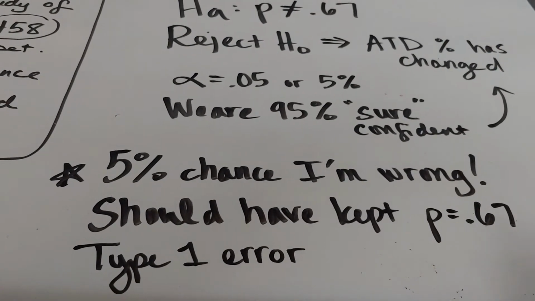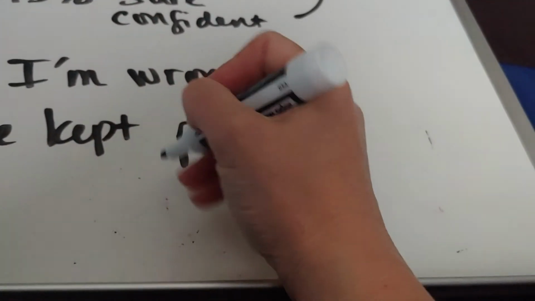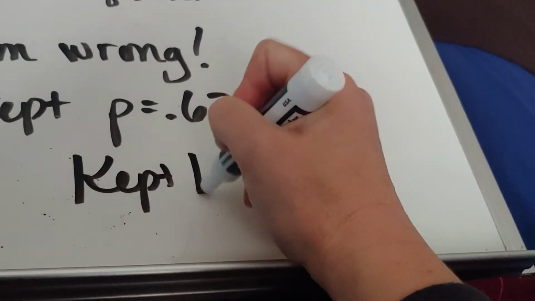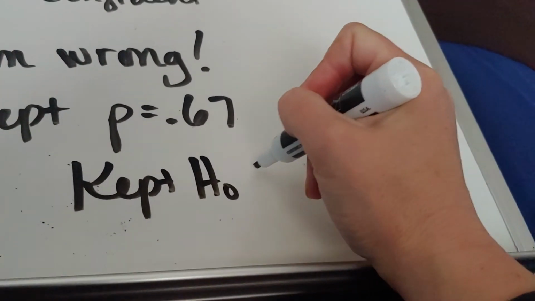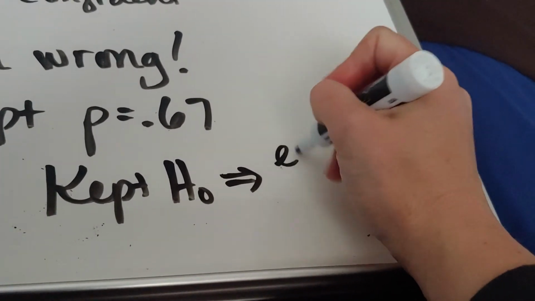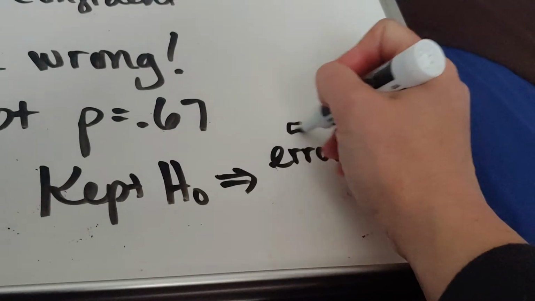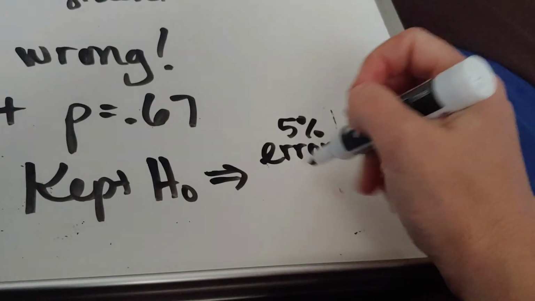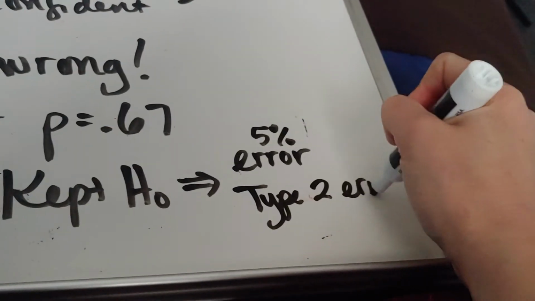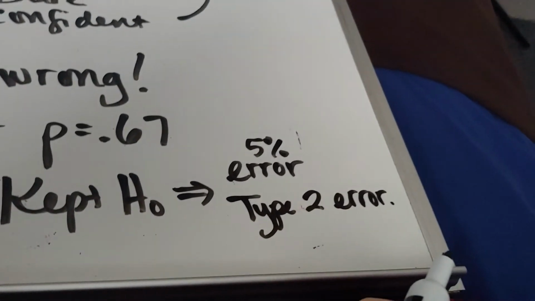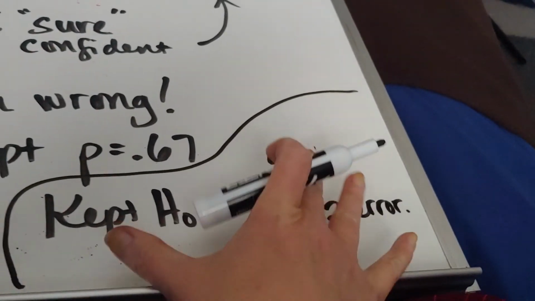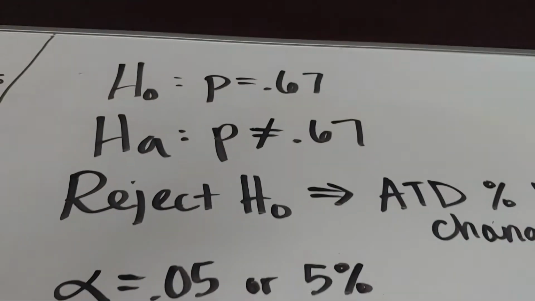So if I had a problem where I kept the null when I should have rejected it, the inherent error, there's a 5% error, and that kind of error is called a type 2 error. Okay, but for this example, that's not possible because I rejected the null.